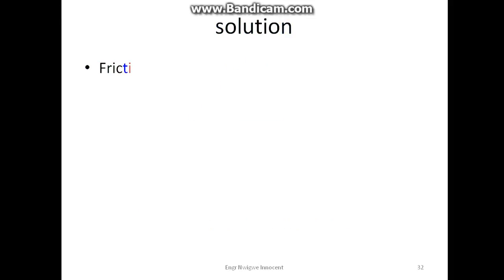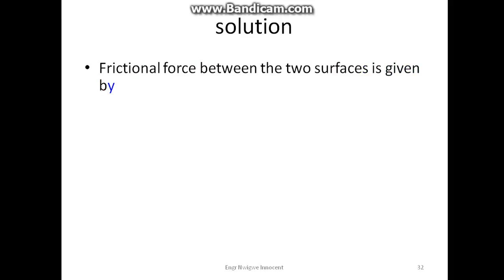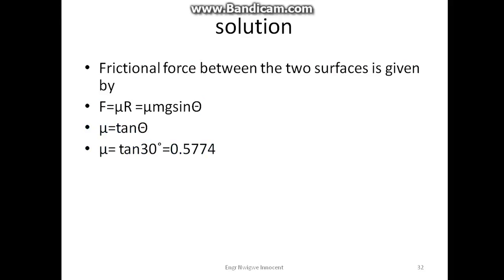Solution. Frictional force between the two surfaces is given by F equals mu R, which equals mu, the coefficient of friction, times mg cos theta, where mu is equal to tan theta. The coefficient of friction is now tan 30, which is equal to 0.5774.